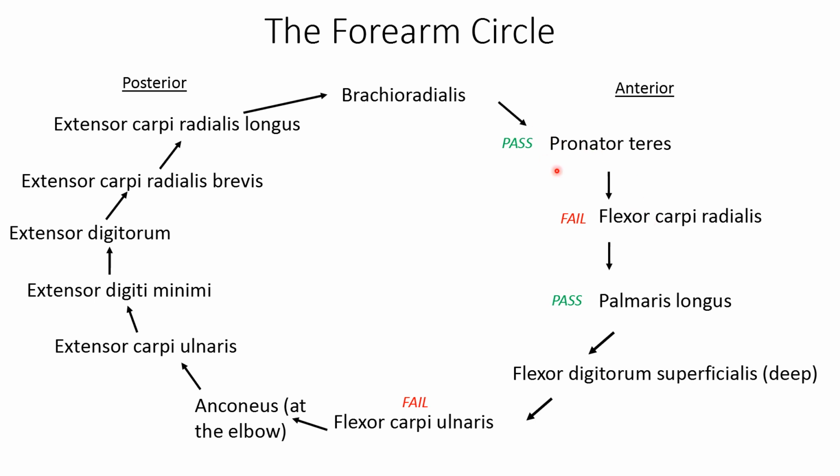Now, you'll notice some of the muscles on the anterior surface have pass, fail, pass, fail. I'll go through that more with you in lecture because in the lab, it's really hard for me to show you on a video, but this is a little mnemonic to help you remember orientation and order for some of your anterior muscles. How is this going to help you?